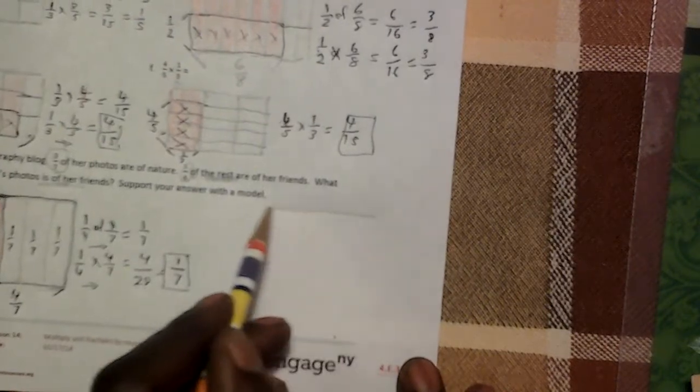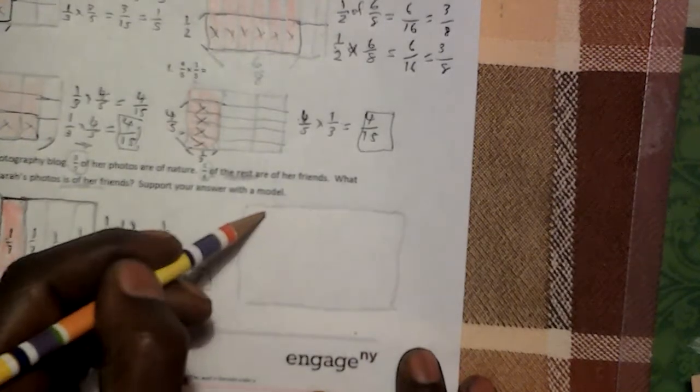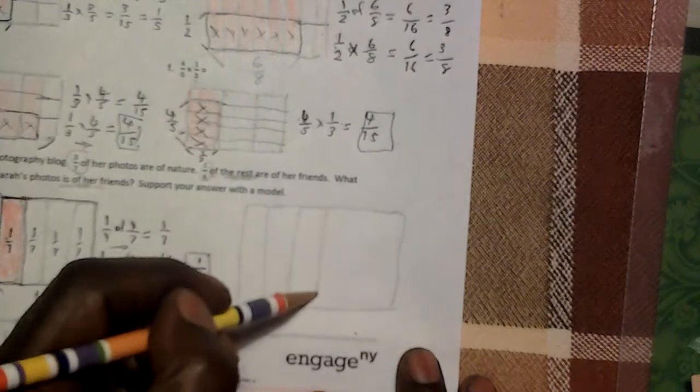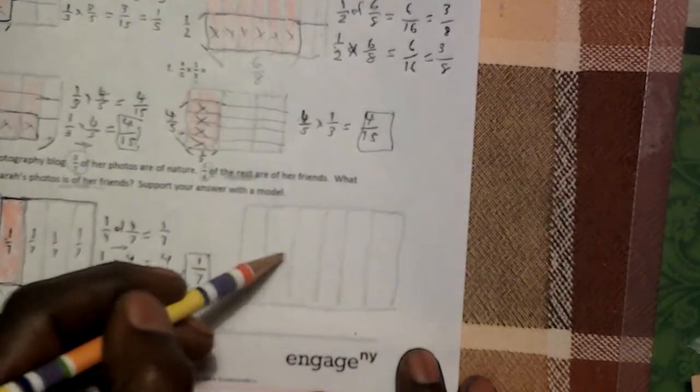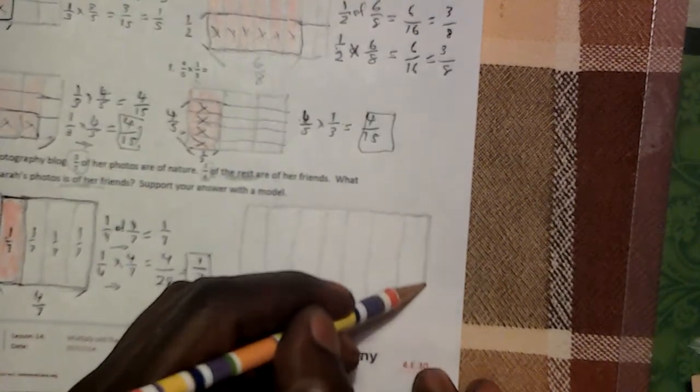So let's start again. So we do our box. Right? And how many pieces do we have to split it into? 7 pieces. So we split again. 1, 2, 3, 4, 5, 6. And I still have to add 1 again. This is what I don't like when we do the big ones. Okay?